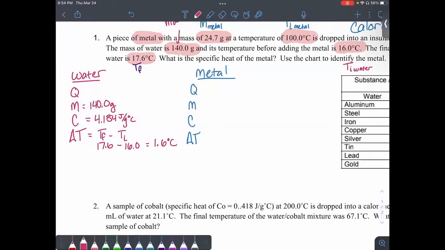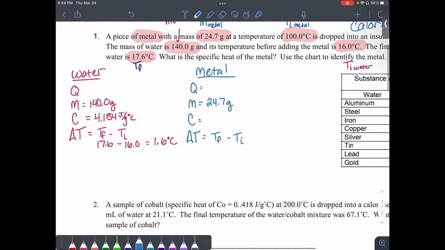All right, so that was our water, but we also were given the metal's information. So we were given the mass of the metal, which is 24.7 grams. We were not given the specific heat capacity for the metal. That's something we're looking for. We weren't given the Q of the metal either, and we were given the initial and final temperature of our metal. So we know that again is our final minus our initial, not our final minus our final.